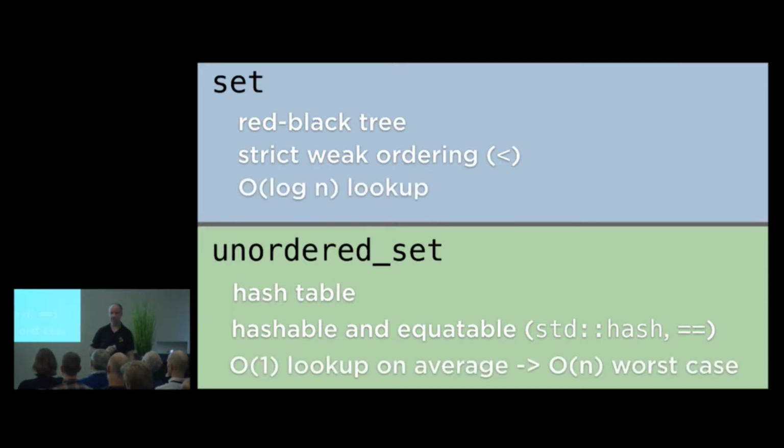Usually, we're more interested in the complexity guarantees, which tend to lead to performance. So set has log n on lookup. We're mostly going to be concerned with lookup today. Whereas unordered set has this really good constant time complexity on average, but we often forget this, it can actually tend towards linear in the worst case.